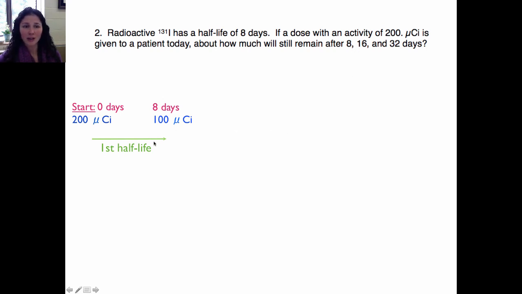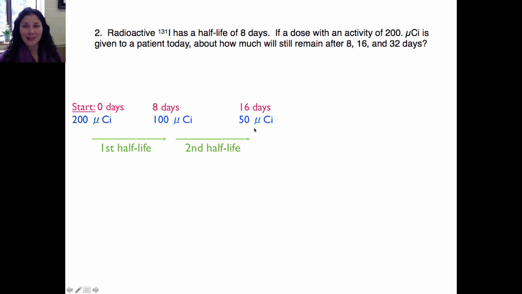Now let's go on. If after 8 days I have this, then what happens after the second half-life? After the second half-life, I would be 8 days more, which would be 16 days, and I would have half of this at that time. So now I have 50 microcuries of radioactive activity at 16 days.